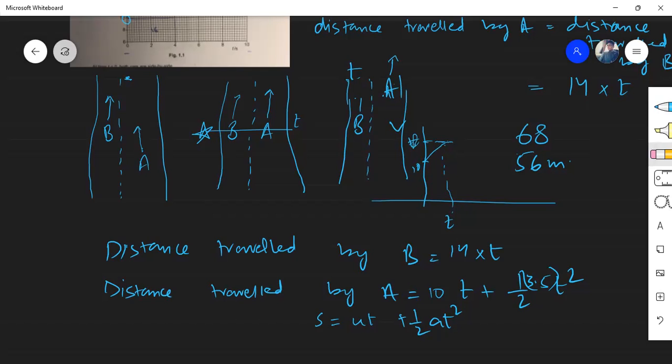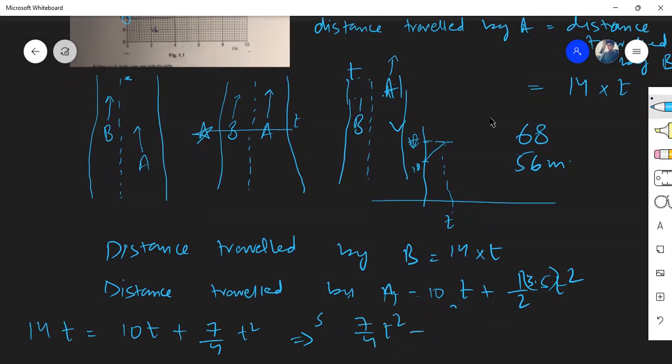So what we're going to do is equate these two equations. We say 14t is equal to 10t plus 7 by 4 t squared, so 7 by 4 t squared minus 4t is equal to 0.